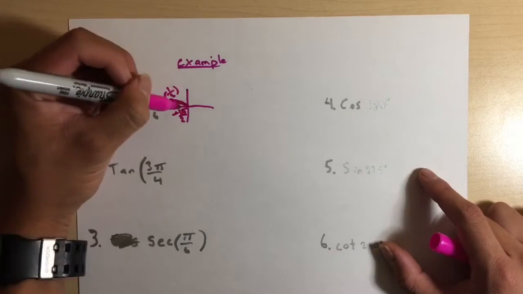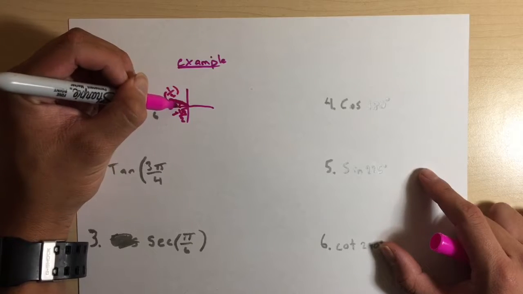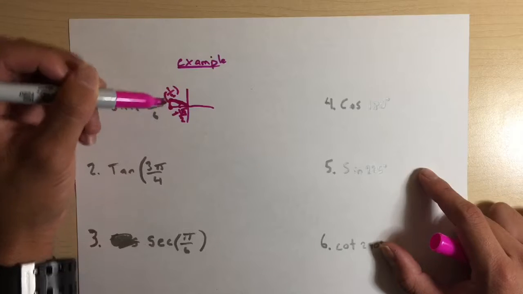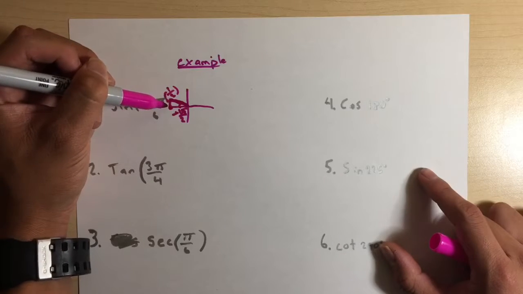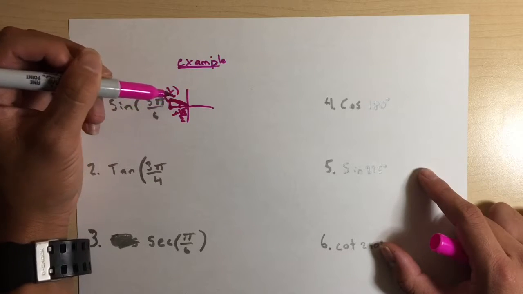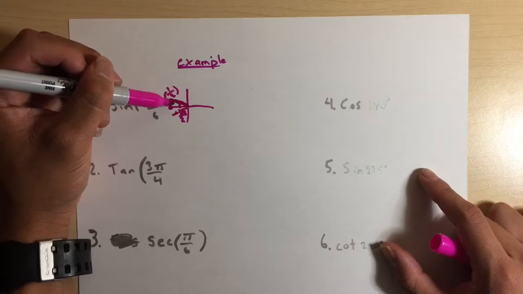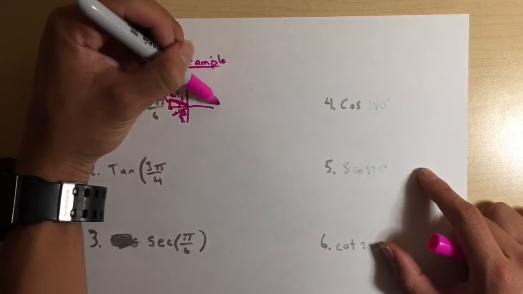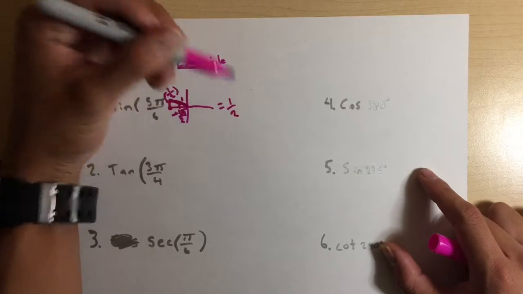So now, since this is theta right here, we need to find sine. So sine equals opposite over hypotenuse, which the hypotenuse is 1, so this would just equal 1/2.